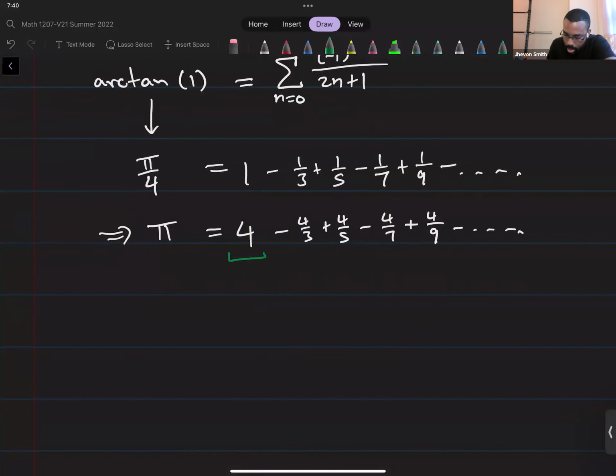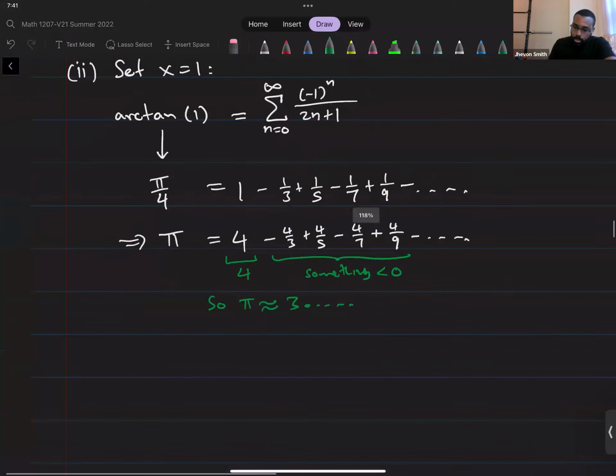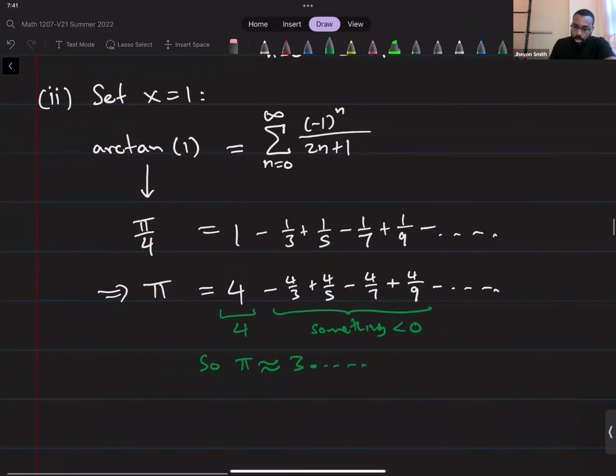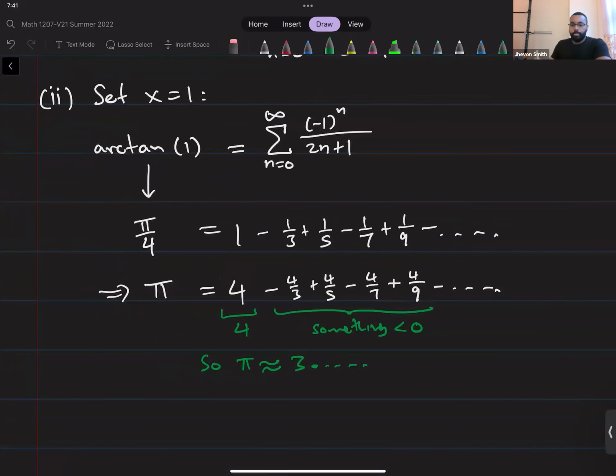So this is obviously 4, and this is something negative. So pi is roughly 3 point something. So you can actually figure that out.